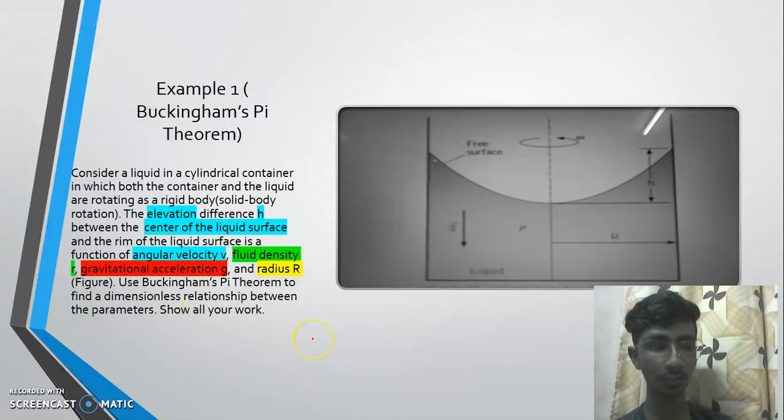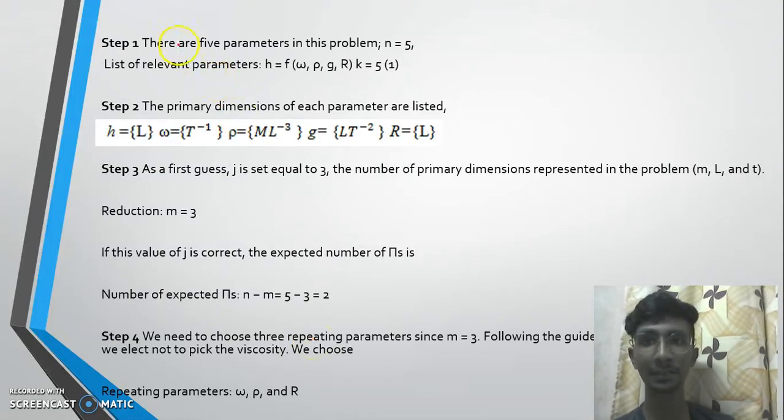Show all your work. So, step 1. There are 5 parameters in this problem, so n equals 5. List of relevant parameters: h equals a function of ω, ρ, g, R, k equals 5.